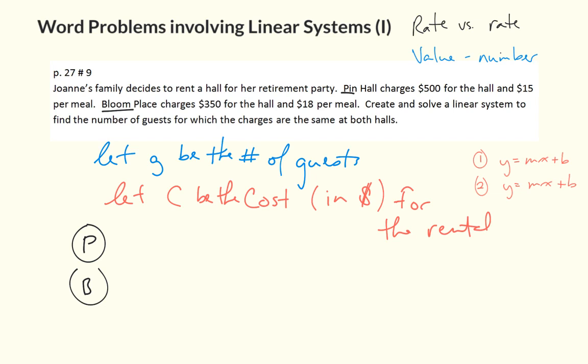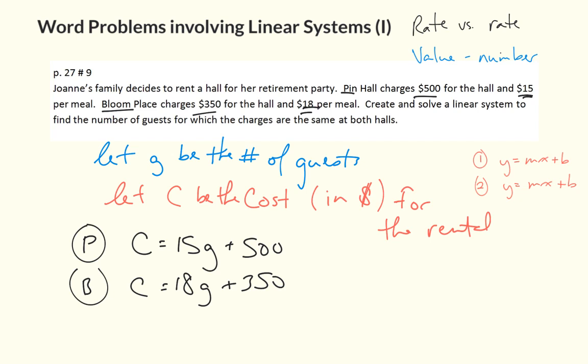So for Pin Hall, the cost is going to be the rate, $15 per guest or per meal, same thing, plus the $500 fixed cost or starting point. At Bloom Place, it's $18 per meal, so the cost is $18 per guest, plus $350.